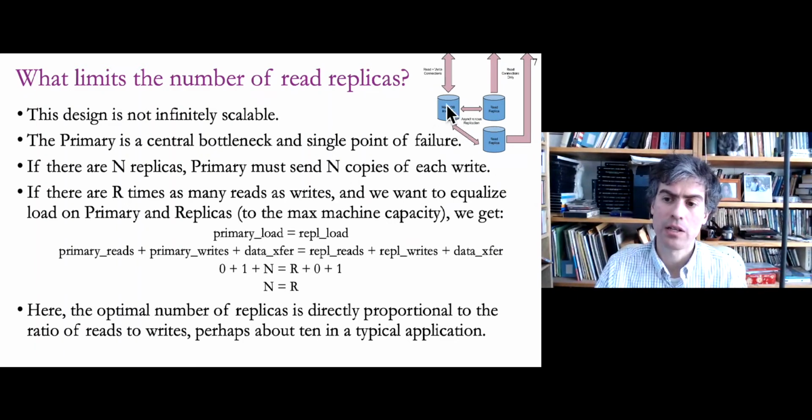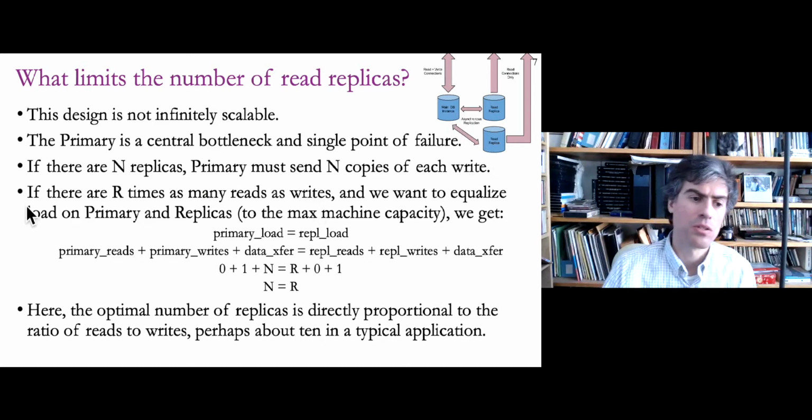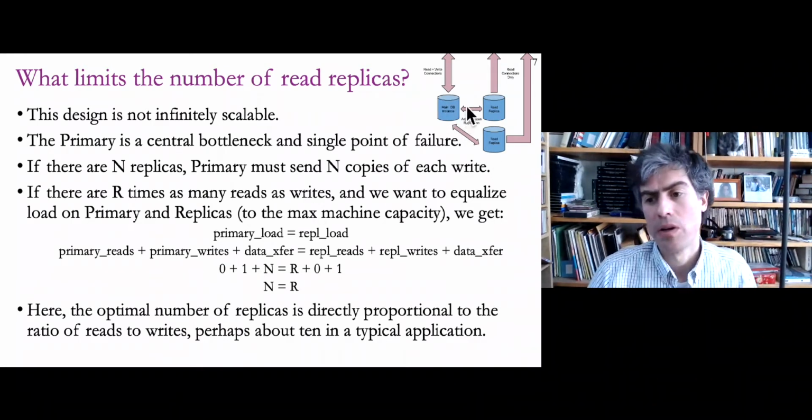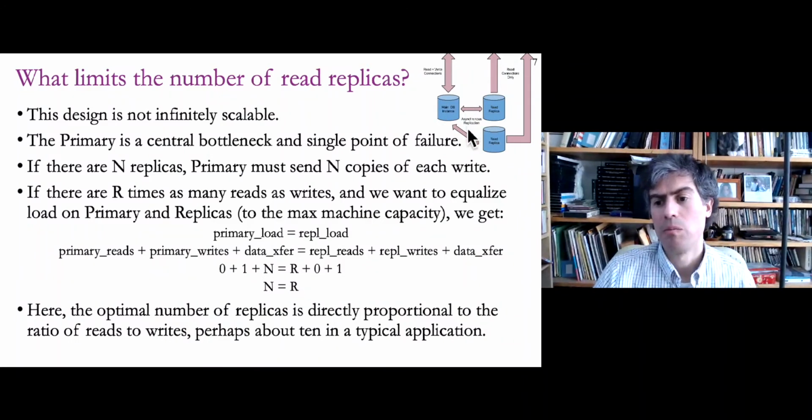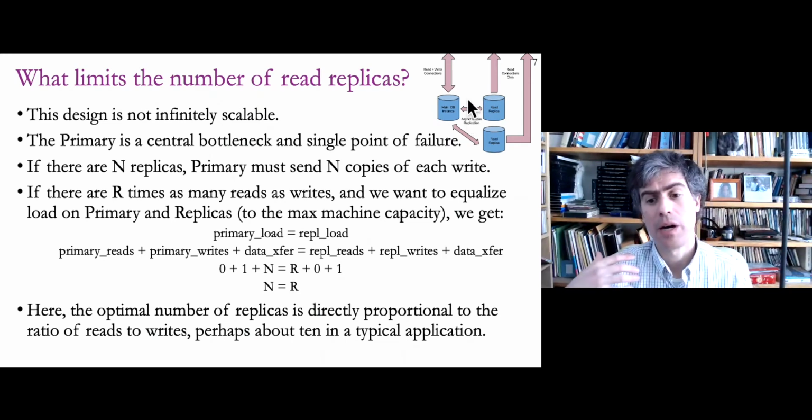So instead of just writing the data once, here the main database also needs to send n copies of that data to the replicas. So in some sense, this design with read replication creates less work for the main database to the extent that it doesn't have to handle reads, but it creates more work for the main database in the sense that every write is amplified by a factor of n.